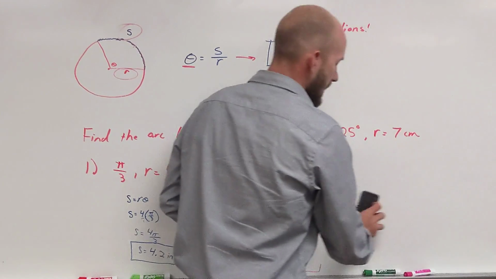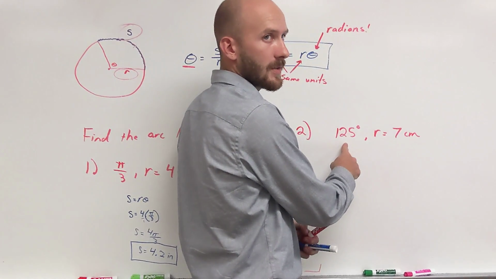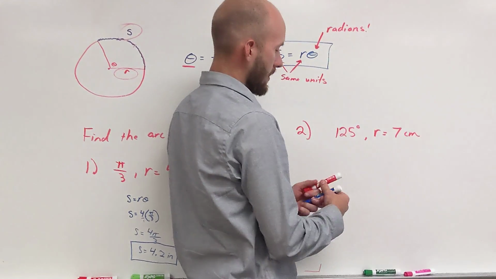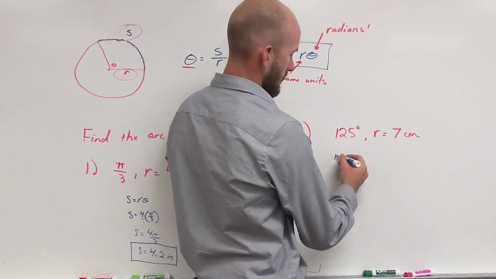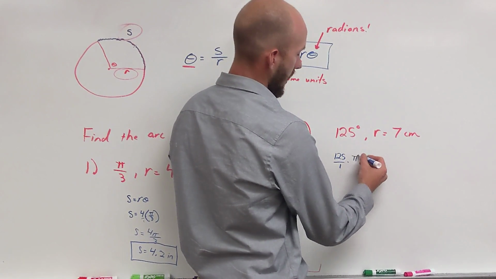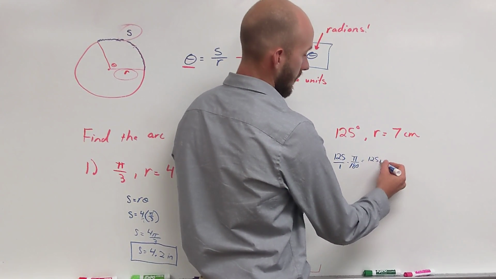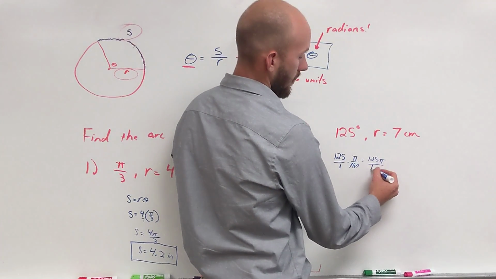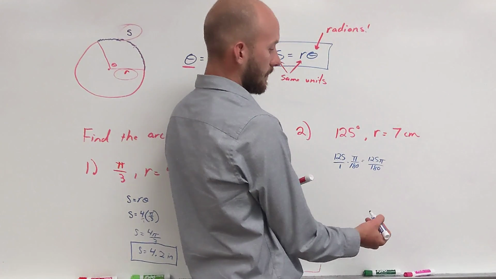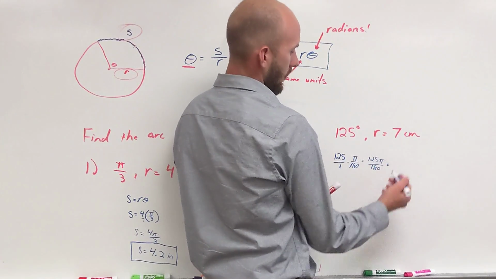The first thing I have to do is convert this to radians, which do you guys remember how to do that? 125 over 1 times pi over 180. Multiply by pi over 180, which is just 125 pi over 180. And then I would reduce that just so I have smaller numbers to work with.